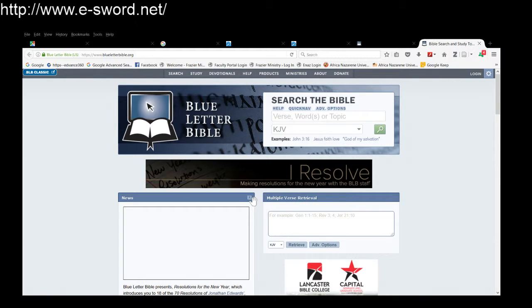Then you can turn next to what we call Kittel's, or the Theological Dictionary of the New Testament, and it will give an explanation of this word. The Theological Dictionary of the New Testament is generally very, very thorough.